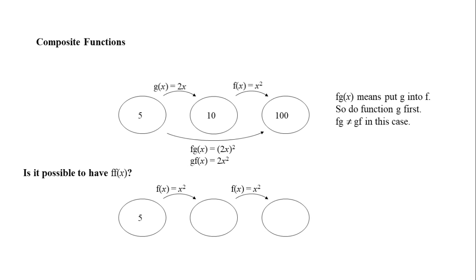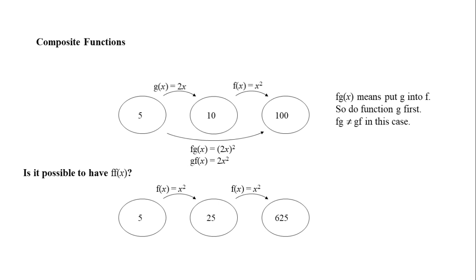If the input is 5, the output of the first function, which is f of x, is equal to 25. That output, 25, will become the input into the second function, which is also the same as f of x. And if you have 25 as the input, the output will become 625 because 25 squared is 625.